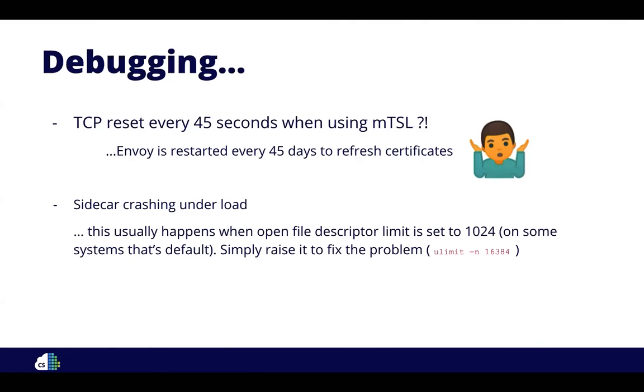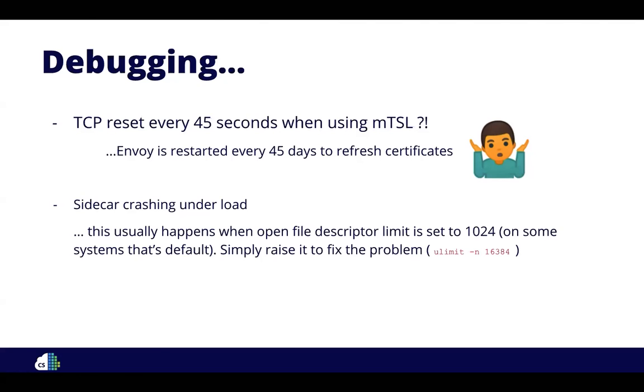So if you have some microservice which keeps a TCP connection for quite a lot of time, or normally uses one connection indefinitely to send some data, then you will get that issue that every 45 seconds any connection from your microservice will be dropped.